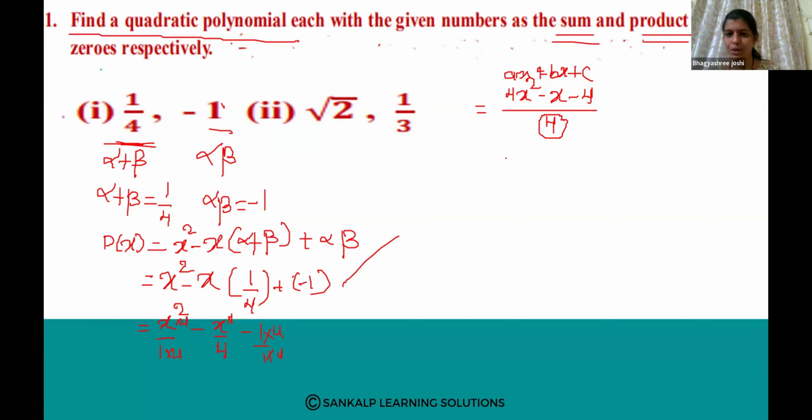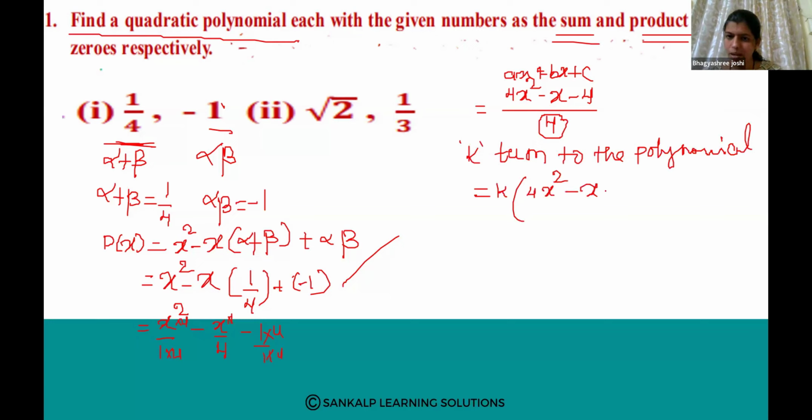So, for that what I will do, I will multiply one constant term to the expression, to the polynomial. K into 4x square minus x minus 4 divided by 4.